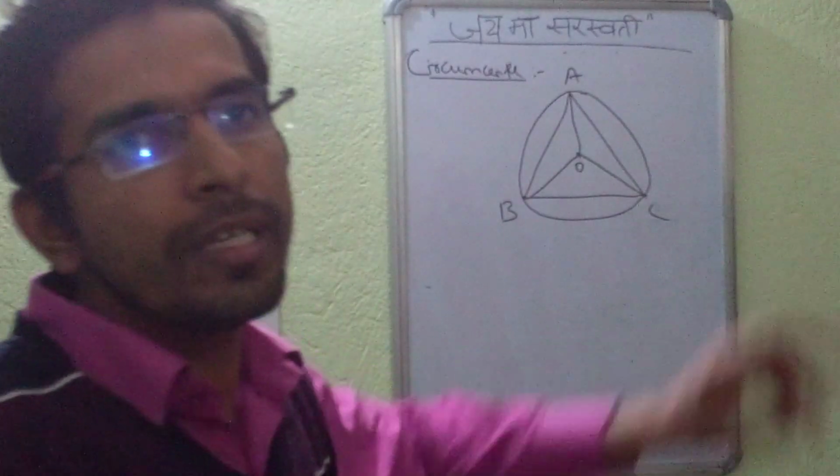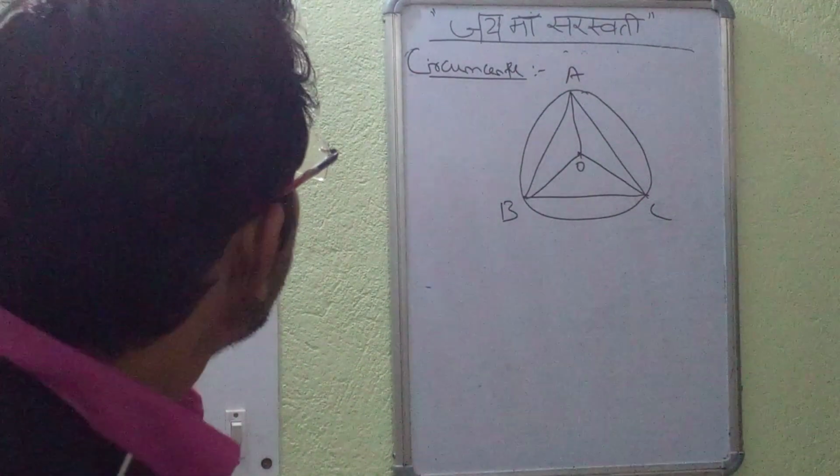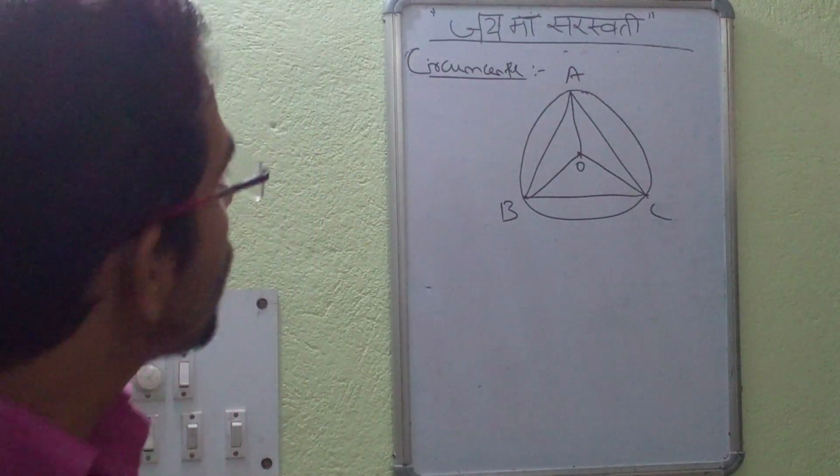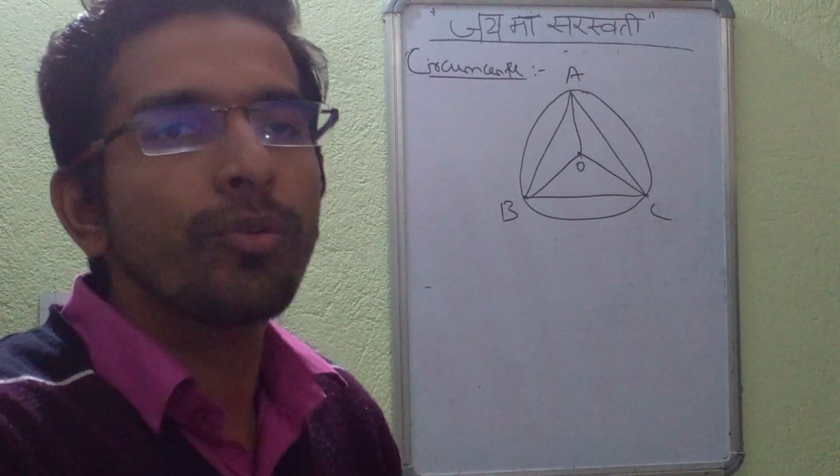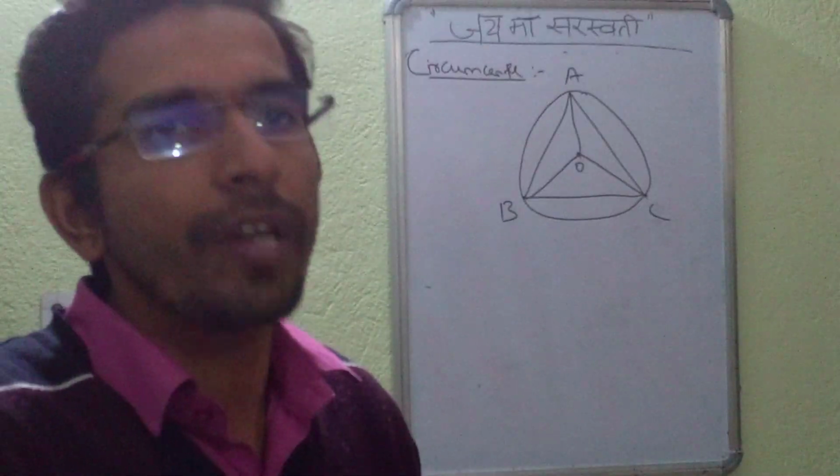The triangle ABC is given, and a circle is passing through each and every corner of the triangle, that is, it is passing through each and every vertex of the triangle.